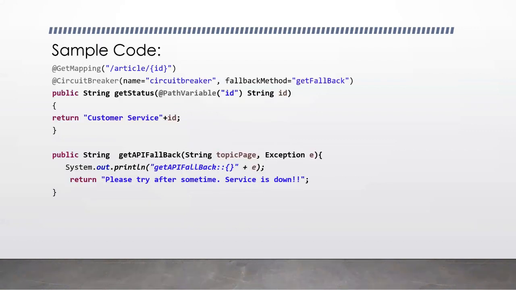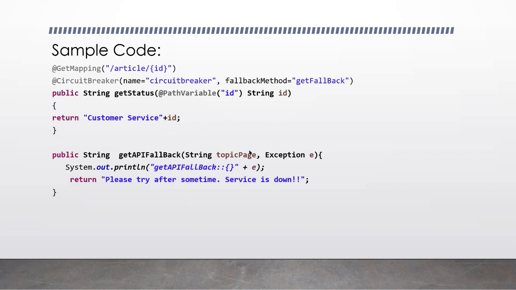The sample code, this is not the exact code, I'm just giving you an idea. We have an annotation like CircuitBreaker, with the name of the circuit breaker and the fallback method. Fallback basically returns an error message to the requesting service.